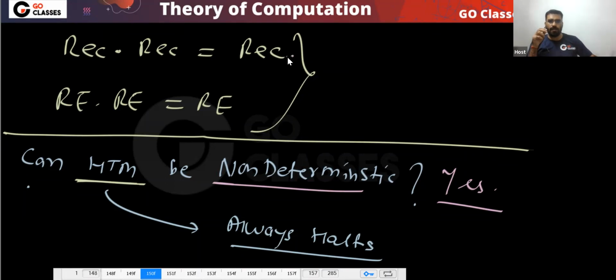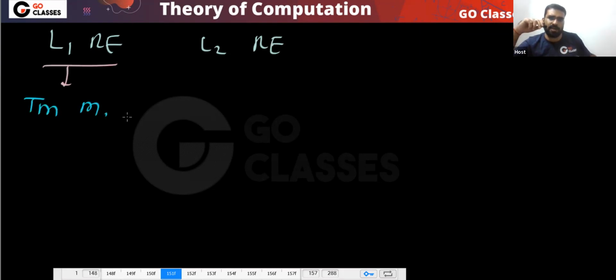So how will you create a Turing machine for concatenation? Let's assume L1 is RE and L2 is RE. So there is a Turing machine M1 and a Turing machine M2.